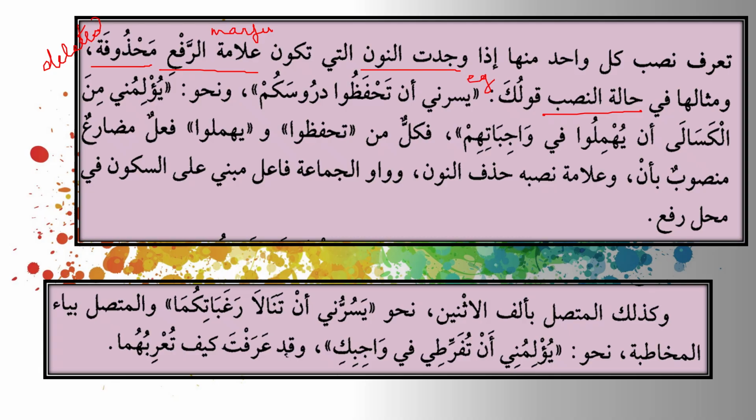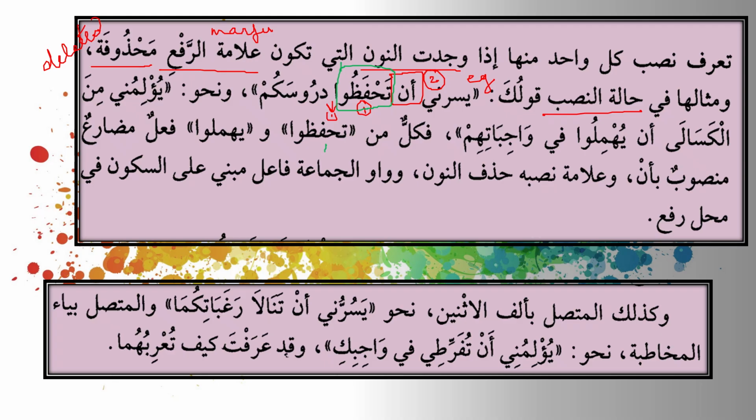So let's see the example here. Yasurruni an tahfadhu. So here it is a fail, afalul khams, where noon has been deleted. And this is the first proof, noon has been deleted. What is the second proof? The tool of nasb is the second proof that this fail, tahfadhu, is in the mansub case.